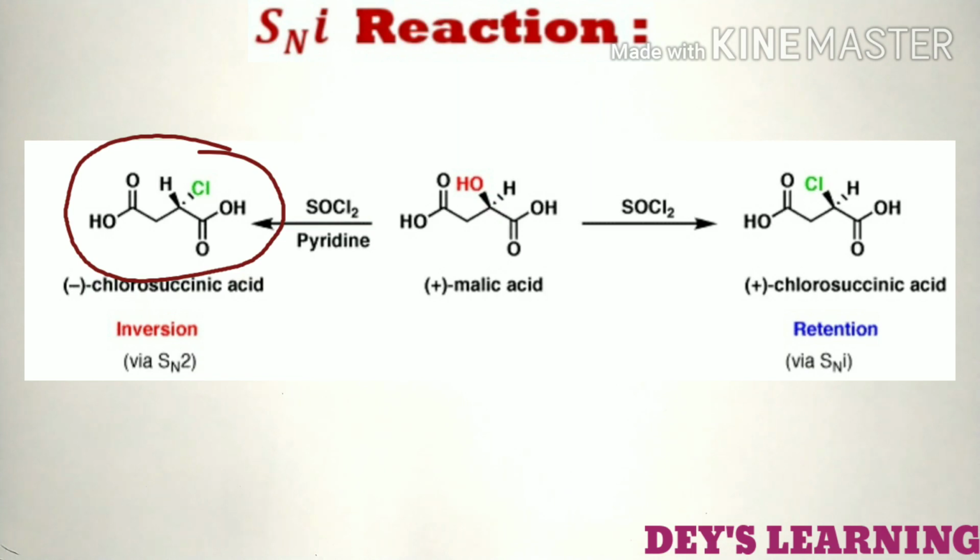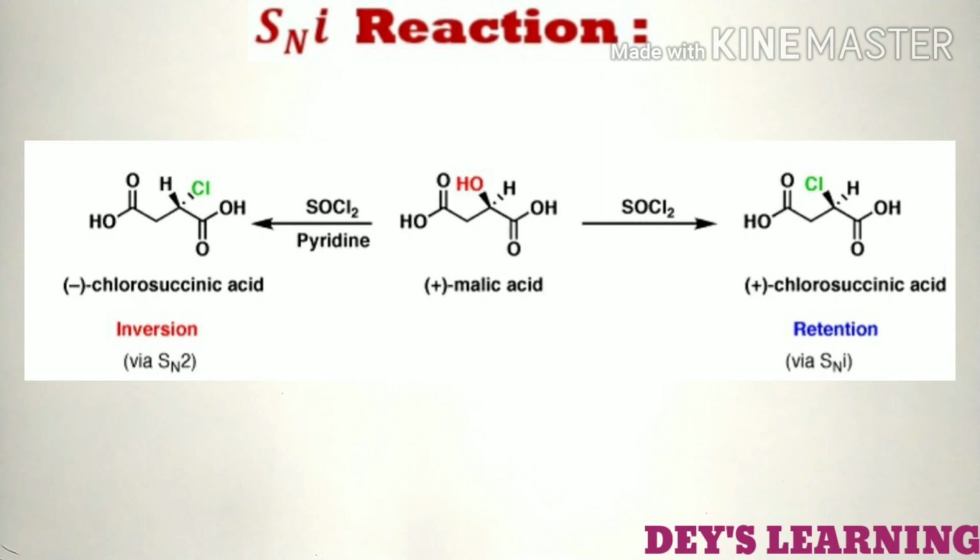So very interestingly, if we react this malic acid molecule with SOCl2, we get the retention of configuration, and if we add some pyridine in the reaction mixture, we get the SN2 reaction.